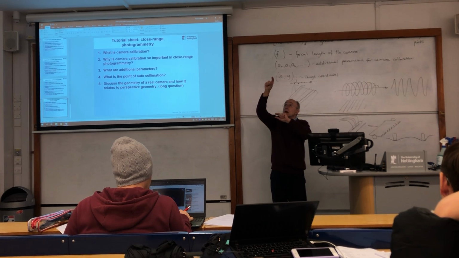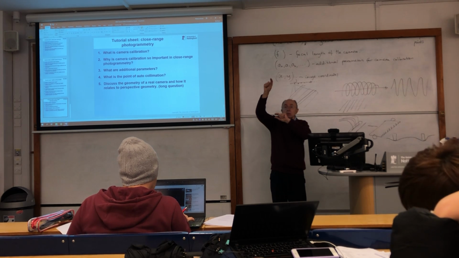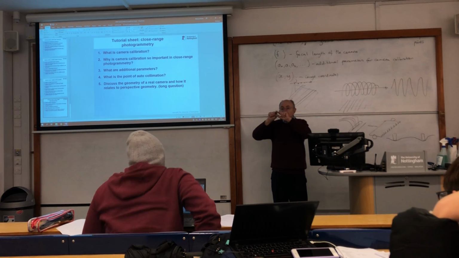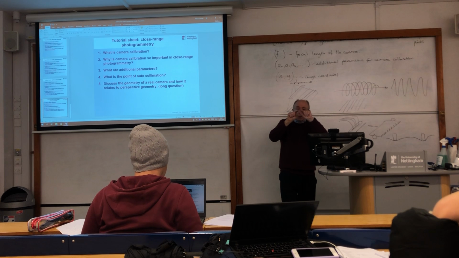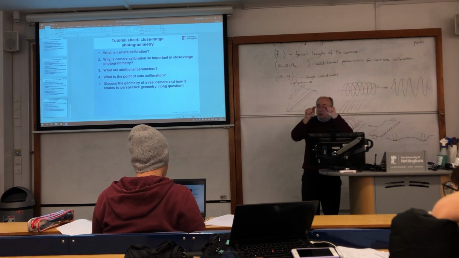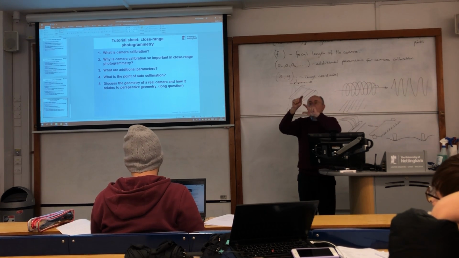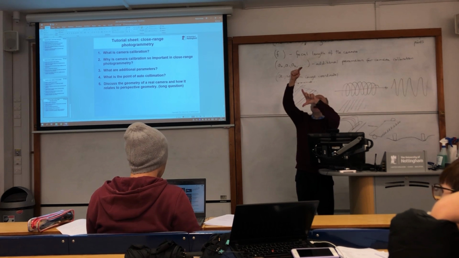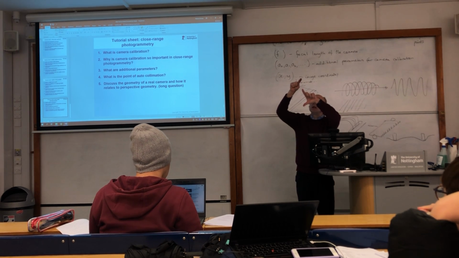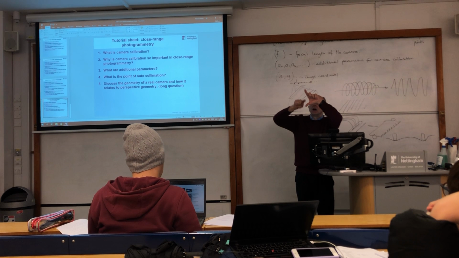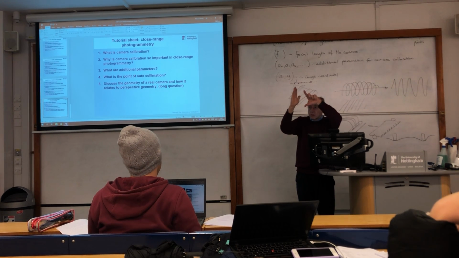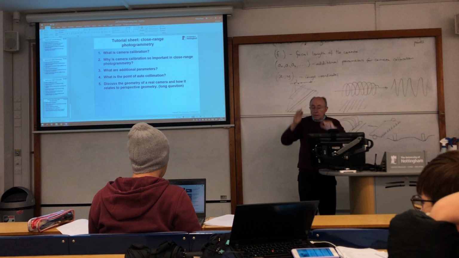A small change in the camera geometry up here doesn't have much effect on the measurements in that stereo model. But if that is very large and we're up here, then a small change on that large area makes a lot of difference.